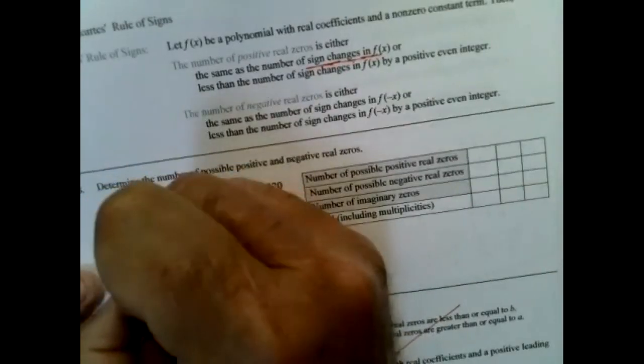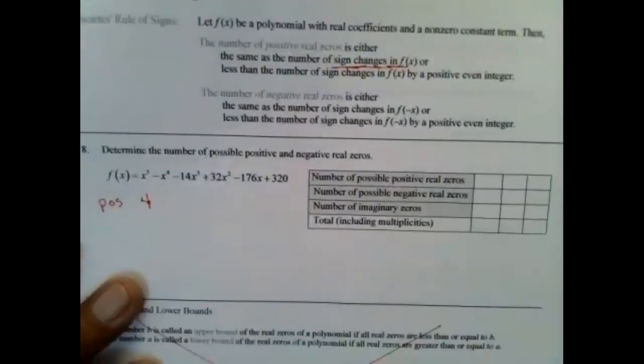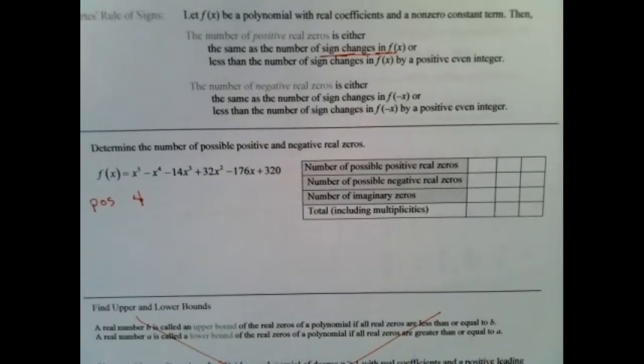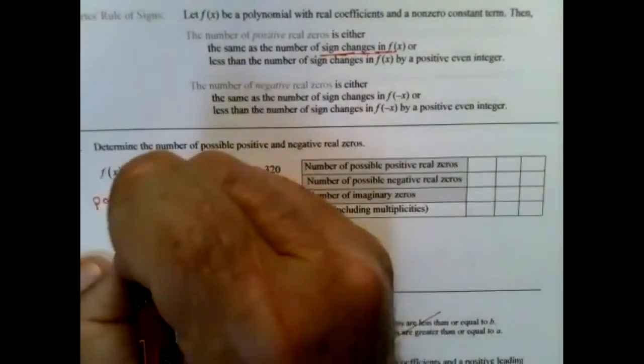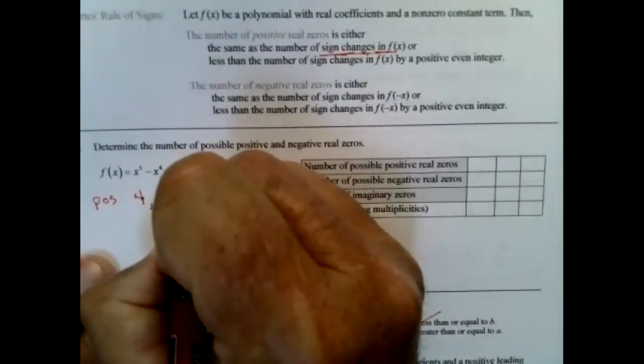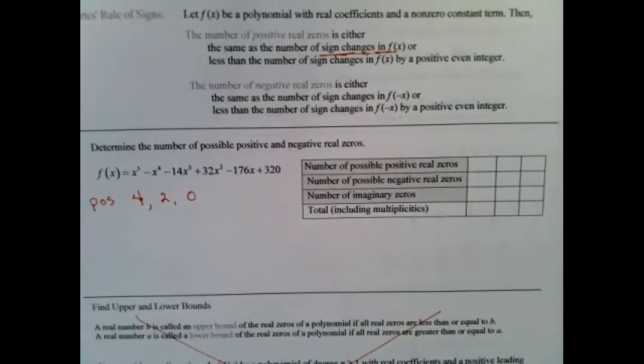So for the number of positive roots, there could be 4 of them. And the special thing about this is it comes in pairs. So there could be 4, there could be 2, or there could be none. Not the greatest help of all, but he's saying there could be 4, 2, or none.